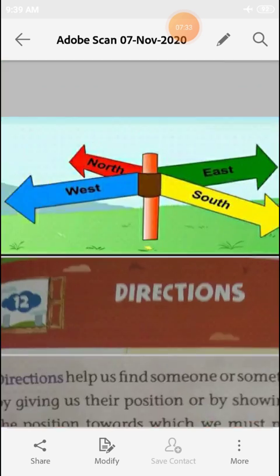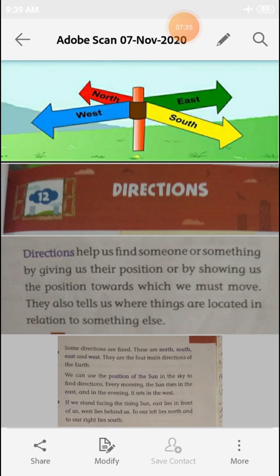Student, in this chapter, we have learned about direction. What is direction? The place, the position where something or someone is located.